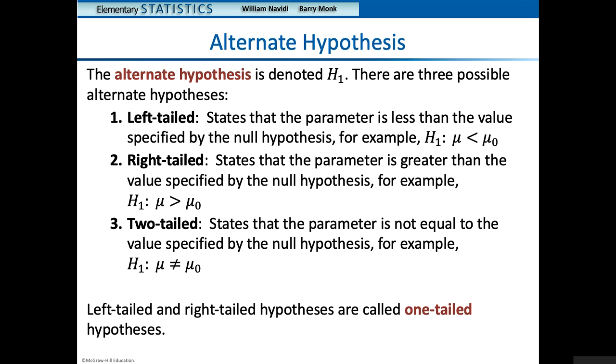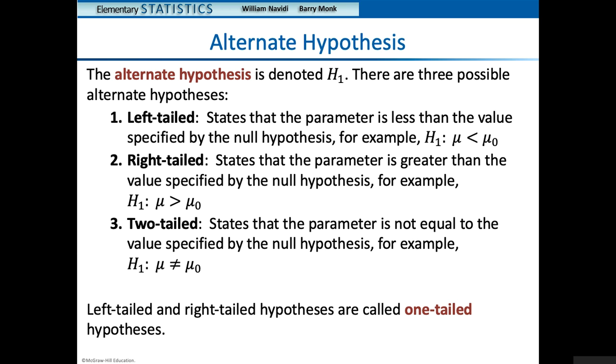An example would be mu is less than mu0. And again, the symbol that we use to denote the alternate hypothesis is a capital H with a subscript of 1. A right-tailed test states that the parameter is greater than the value specified by the null hypothesis. For example, mu is greater than some value mu sub 0.